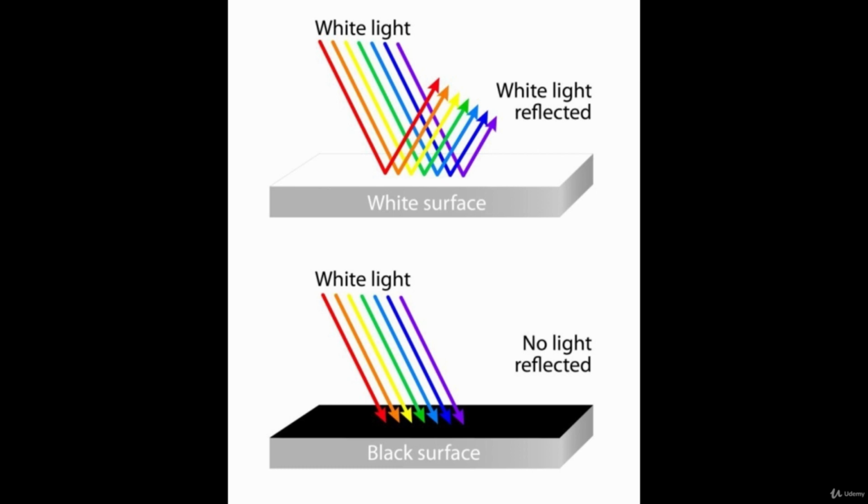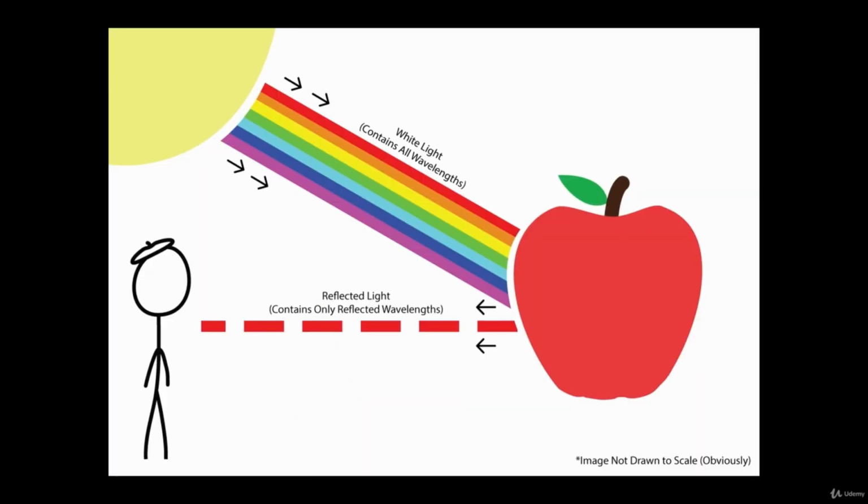But on a black surface, you can see that none of the colors are being reflected, and the object kind of soaks everything up. That is also why you probably should not wear anything black during a sunny day, because it gets warmer. And with colors, you can see only the color that gets reflected. So here we have a red apple. The white light shines on the apple, and only the red light essentially reflects, and that is what we pick up.